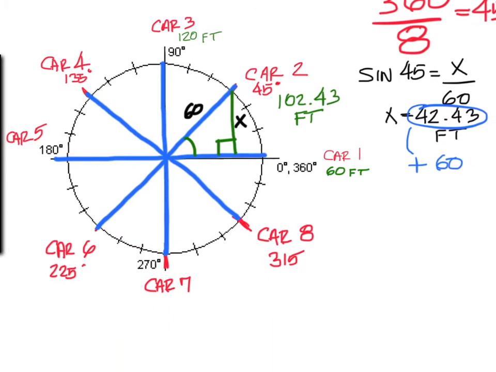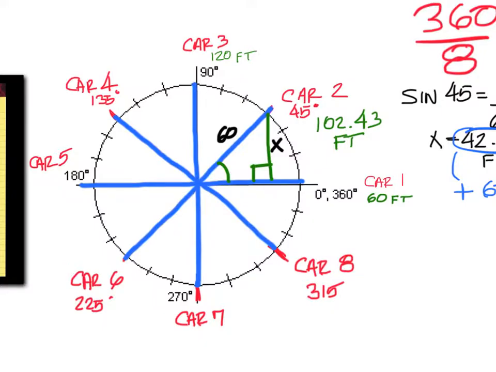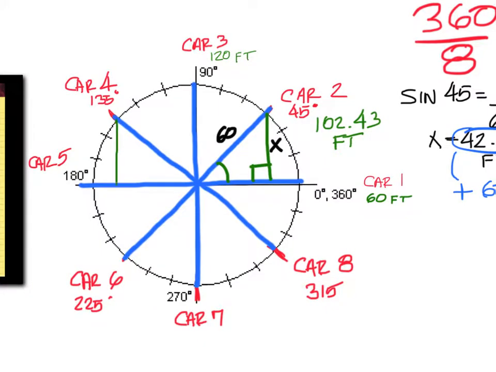Any questions over anything we've done up to this point? On car 4, if you draw this triangle, you're going to end up with an angle measurement that is between 180 and 135. That means it's 45 degrees. Is there any need to calculate anything for car 4? No, it's going to be the exact same height as car 2.